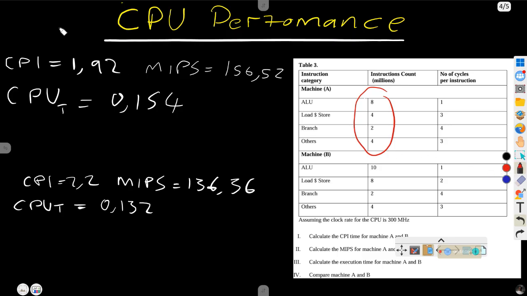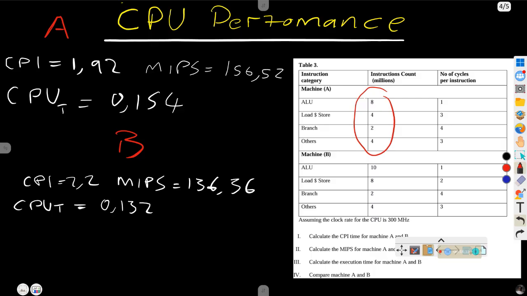We are having A and also B. Now let's start with the time. Machine B can execute in 0.13 seconds, and then A it's 0.15, meaning that B is faster than A, right? Which means you can write CPU time of A is greater than CPU time of B.